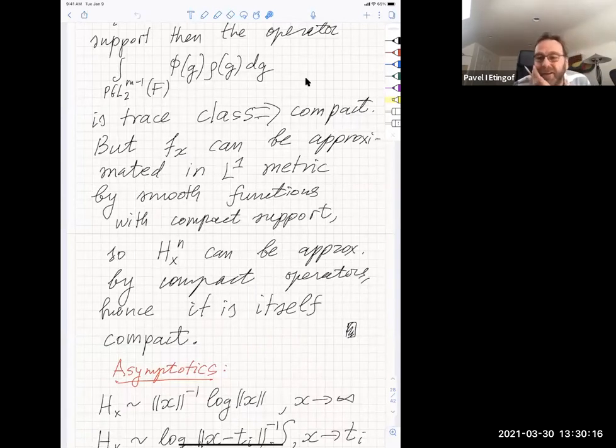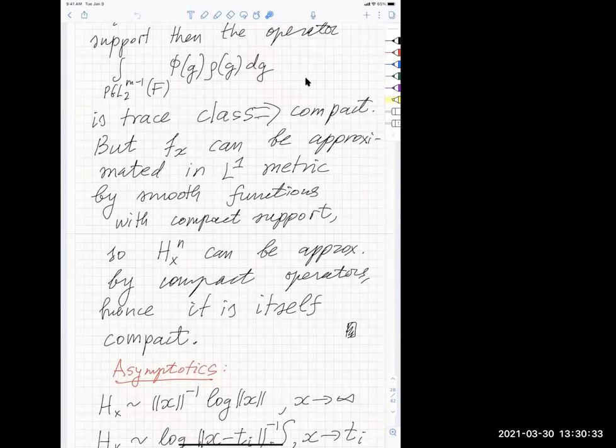Okay, any questions? Is it too fast? Can I ask a question? So basically, what are we trying to understand right now? We're understanding the compactness of the operators.